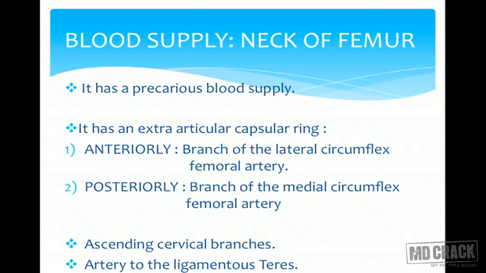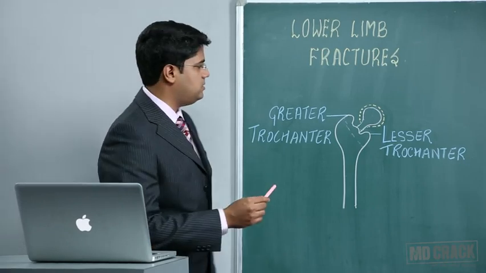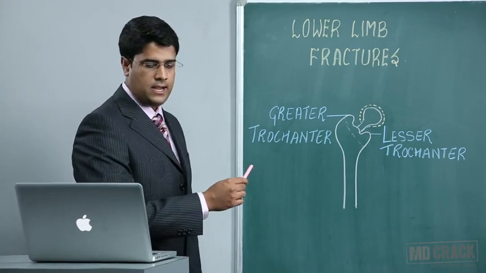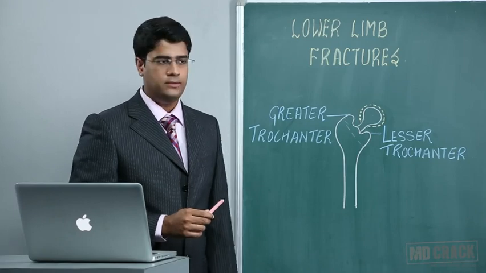So it is divided mainly into the extracapsular, extra-articular capsular ring, which is further divided into anterior and posterior. Anteriorly is the branch of the lateral circumflex femoral artery, and posteriorly is the branch of the medial circumflex femoral artery.